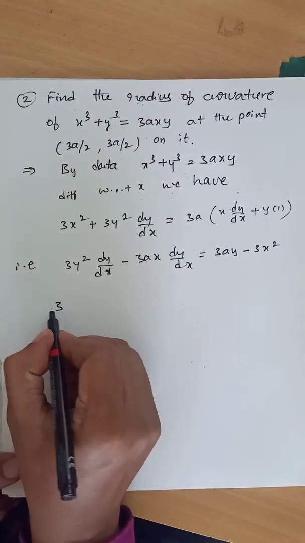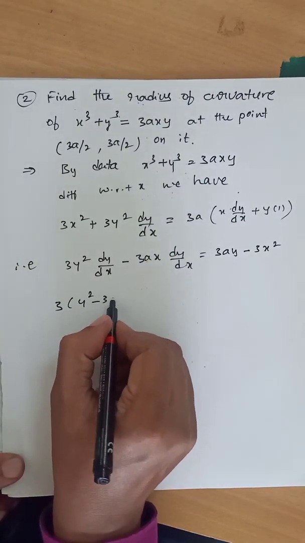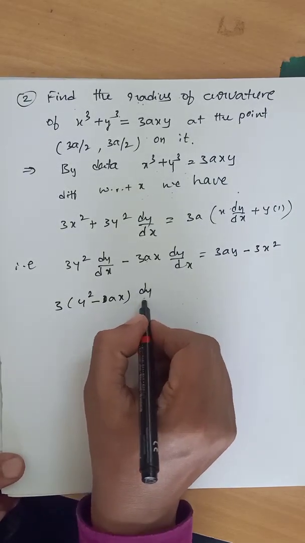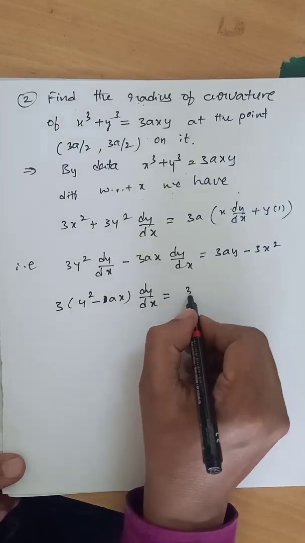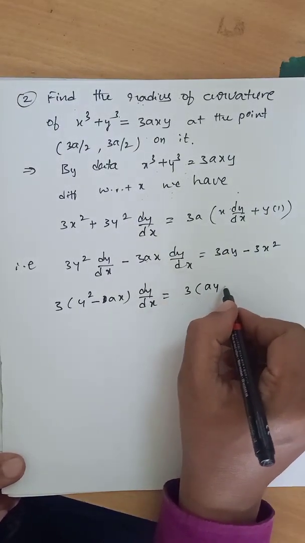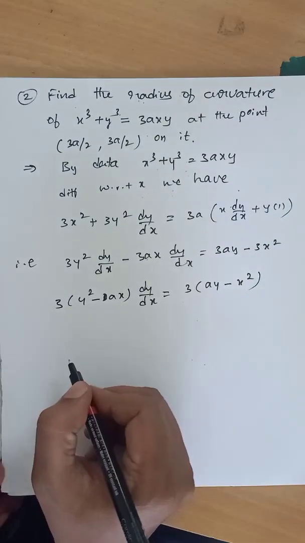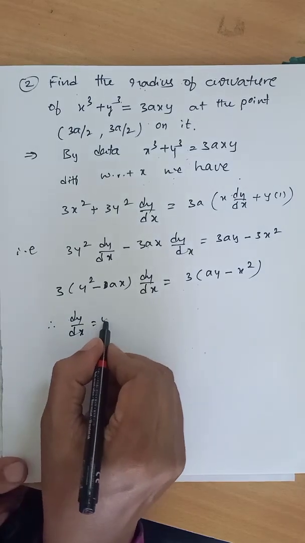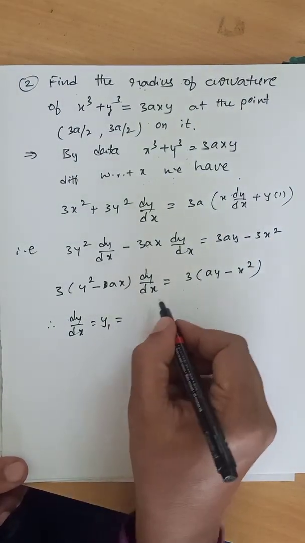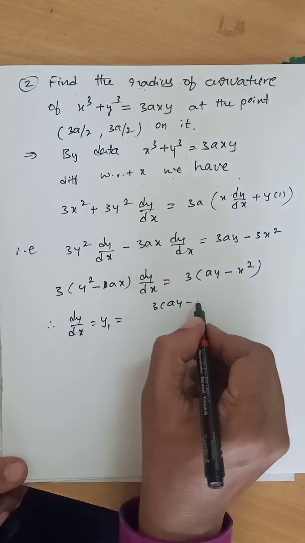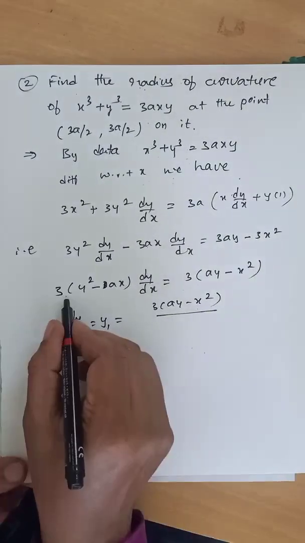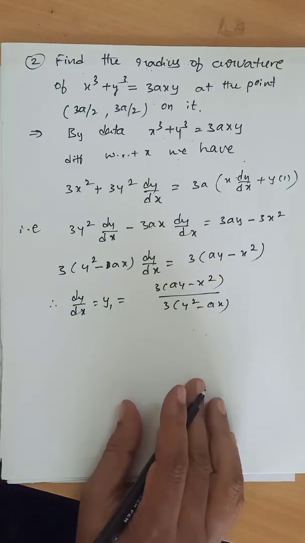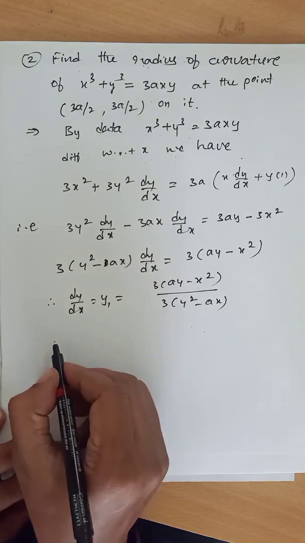From this we take 3 common, y square minus ax into dy by dx is equal to, here also right hand side 3 common, ay minus x square. Therefore dy by dx, which is y1, is 3 into ay minus x square divided by 3 into y square minus ax. 3 cancels, 3 cancels.